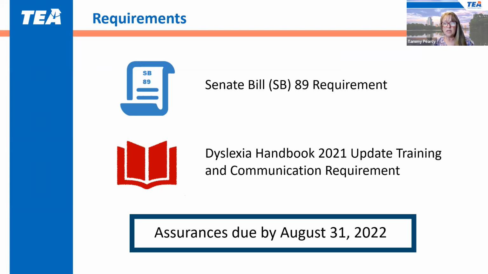The second assurance statement that will be outlined in the TAA next Thursday is concerning the Dyslexia Handbook 2021 update training and the communication requirements around that. All LEAs must designate at least one staff member to attend the agency-developed training titled the Texas Dyslexia Academy 2, TDA 2, for the Dyslexia Handbook 2021 update, no later than August 31st, 2022.